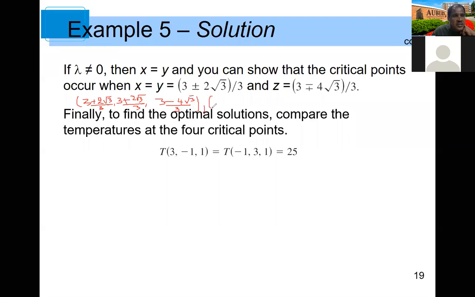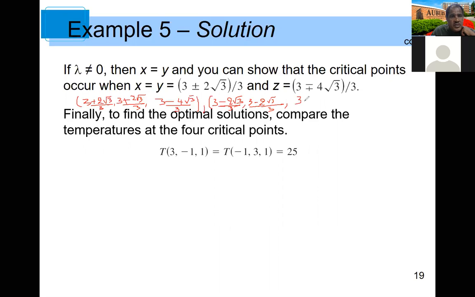And the other one is 3 minus 2 root 3 over 3, comma, again, y is also the same, 3 minus 2 root 3 over 3. And then when this is minus, this will be plus.